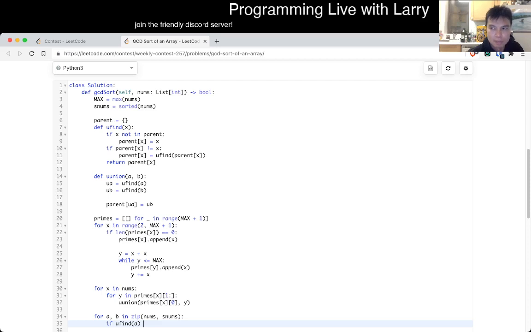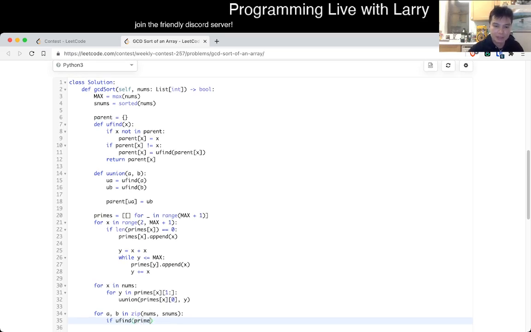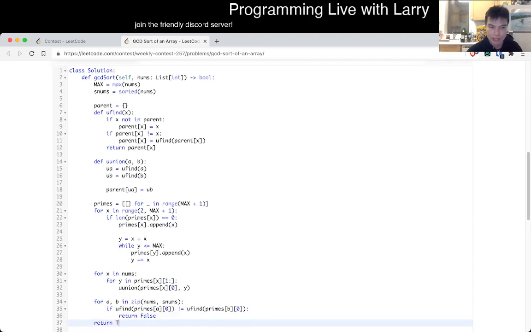What am I doing? If the union find of the primes sub a of 0, basically get the group that it is in, and we union everything, so everything should be together. If this is not equal to that of b, then we return false. Otherwise, they're in the same group, so we're okay.